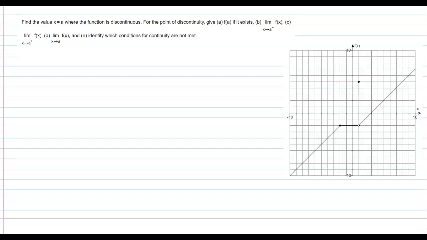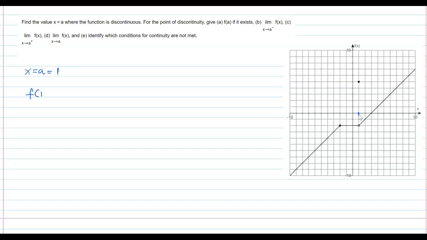Okay, so I copy the function here. So we want to find the value for x equals a. So what is that a? X equals a. So a is, in this case, discontinuous at this point here, and that is 1. X equals 1. A equals 1. Now, does f of a exist?